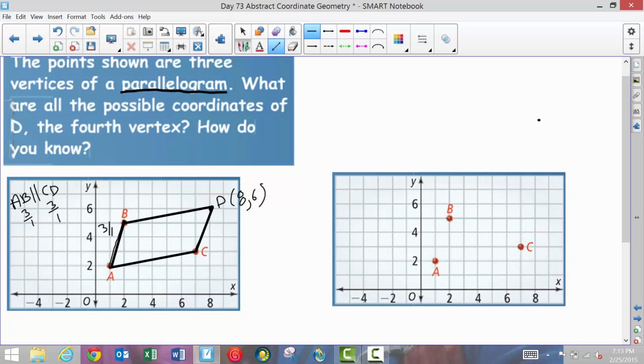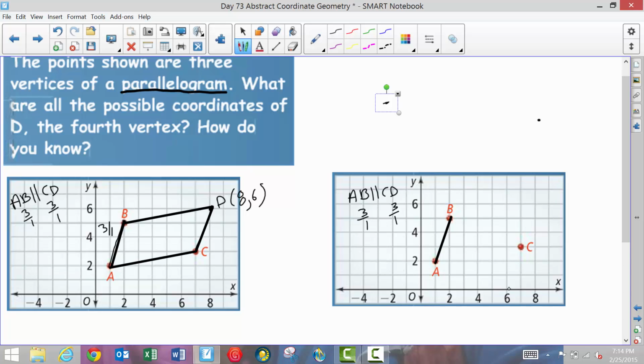Well, that's not the only location for D. I can also have, again, AB parallel to CD. In this case, I know my slope is 3 over 1 for AB, therefore it's 3 over 1 here. So instead of going up 3 over 1, I'm going to go down 3 over 1.